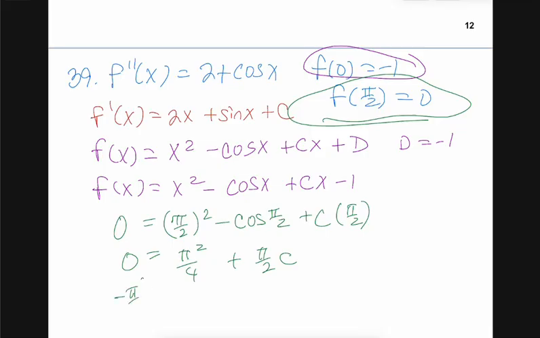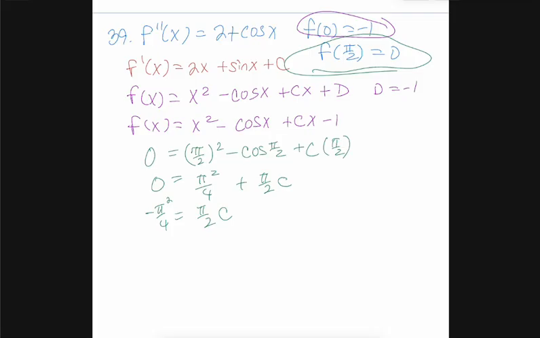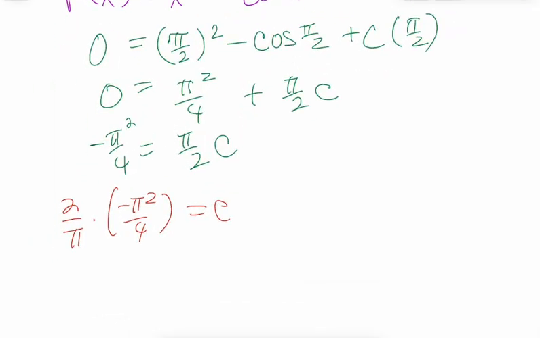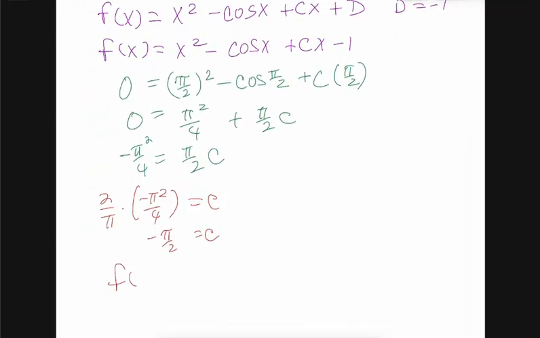Subtract pi squared over 4. Divide by pi over 2, which is the same as multiplying by 2 over pi. So we just simplify that, and we've got C. One of the pi's cancels, one of the 2's cancels, so negative pi over 2 is equal to C.